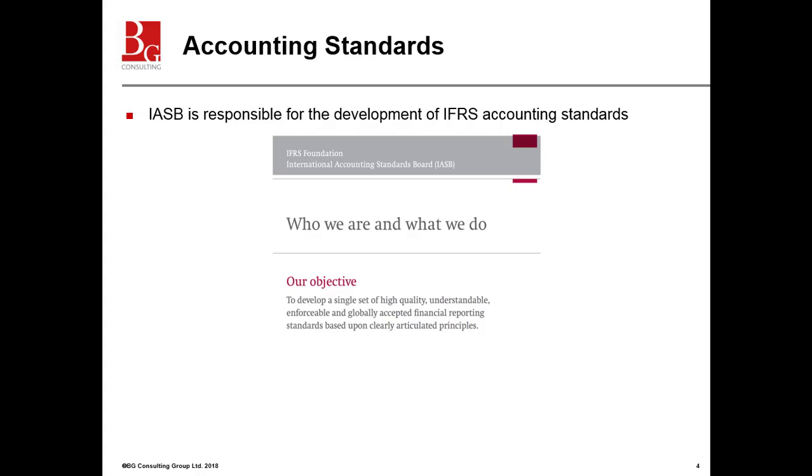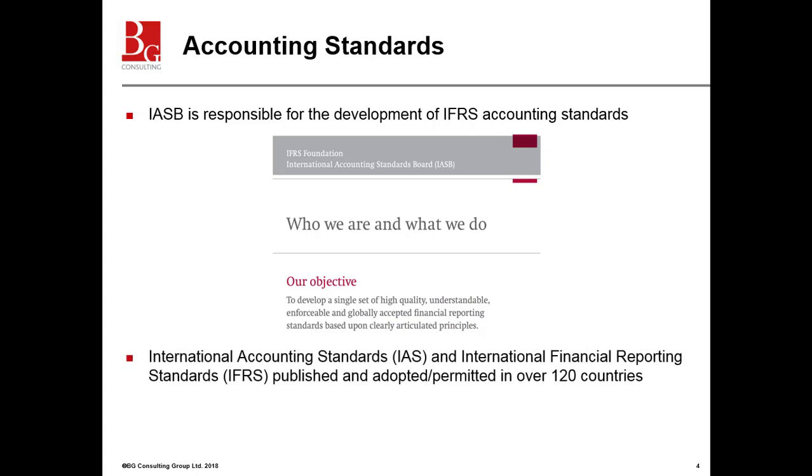You can see that the objective of the IASB is to develop a single set of high-quality, understandable, enforceable and globally accepted financial reporting standards based upon clearly articulated principles. The International Accounting Standards and International Financial Reporting Standards are published and have been adopted or permitted in over 120 countries now. And there's a gradual convergence with US GAAP as well.